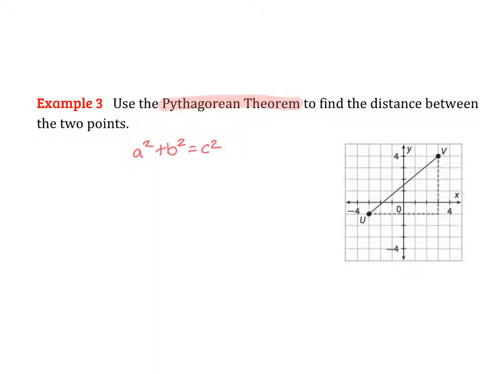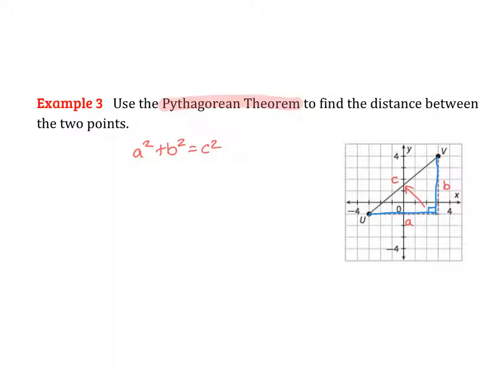So if you have points UV, I connect them and then I turn this line into a right triangle by traveling over my horizontal distance and my vertical distance between the two. So you can see here I have a right triangle. So in this right triangle, we could call this A, we can call this B, and we can call this C.